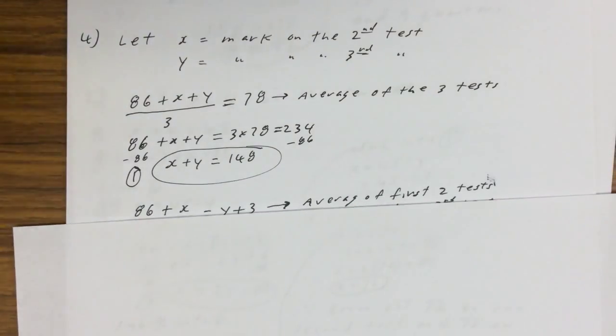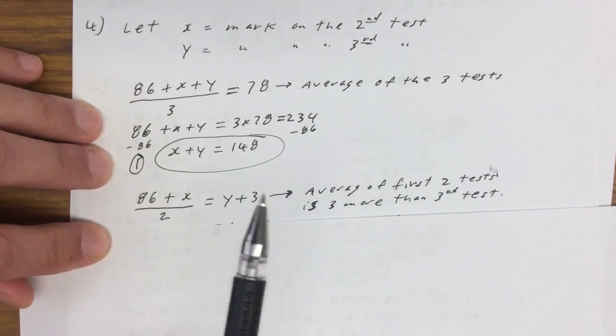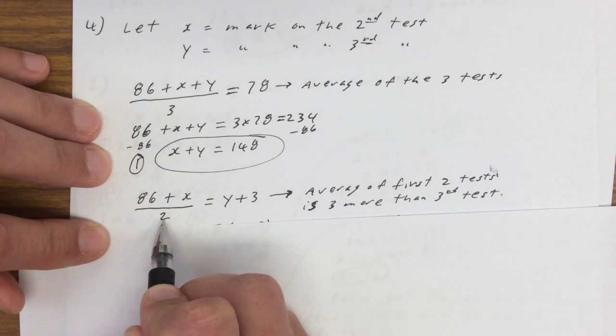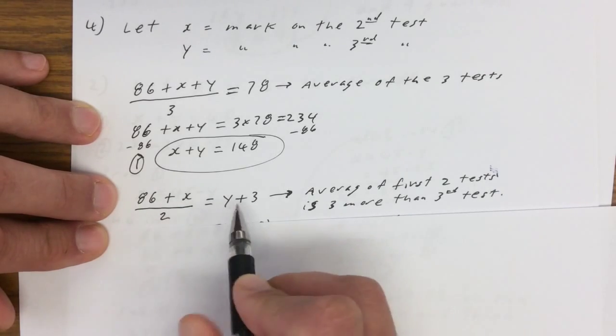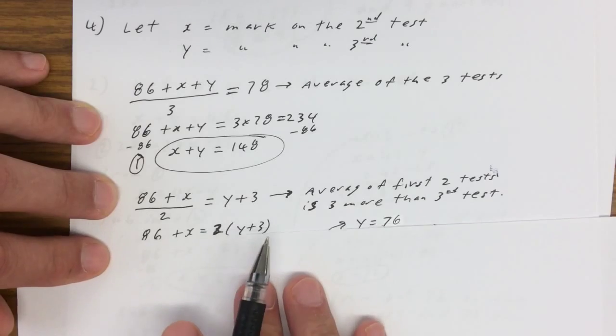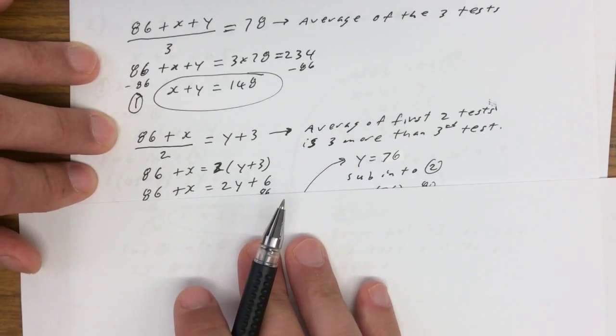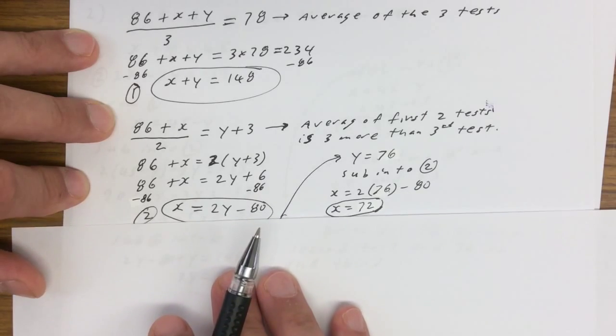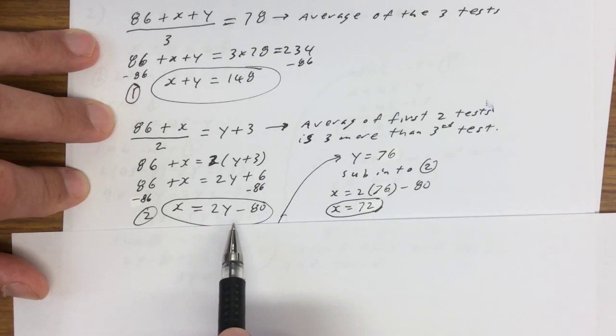So the average of the first 2 tests, 86 plus x, divided by 2, that's the average. That is 3 more than the mark on the third test, so this. Again, we're going to simplify that a little bit, bring the 2 up, multiply it out, simplify so that we get x equals 2y minus 80.